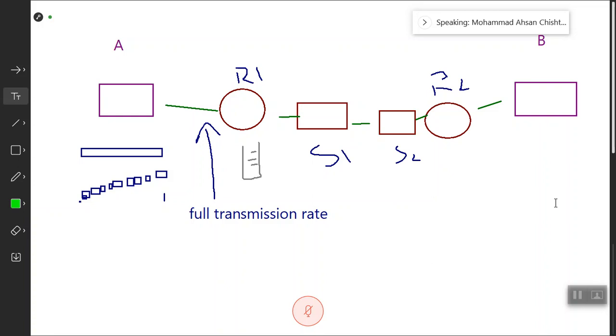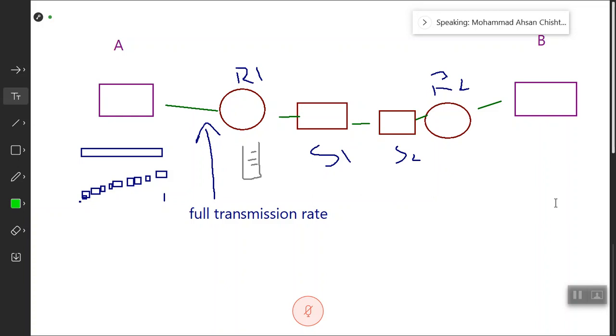Now, what is this delay here? Most of these switches would introduce a delay which is known as store and forward delay. Store and forward delay. What does it mean?